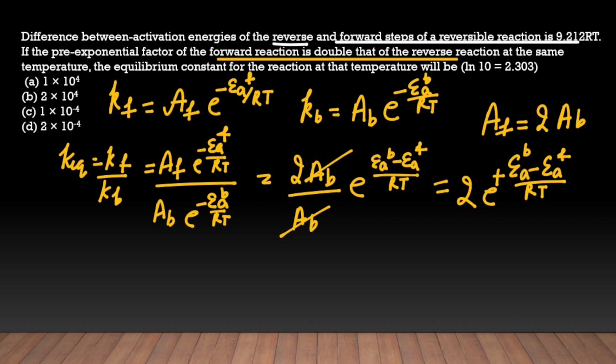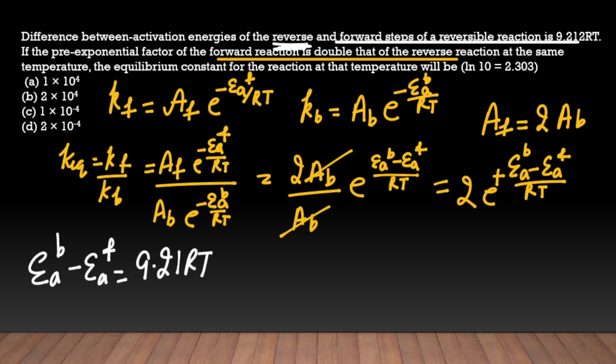Now the given is the difference between the activation energies of the reverse and the forward, which means the activation energy of the backward direction minus that of the forward direction. It is 9.212 RT. Substitute this value. This becomes 2 times E raised to the power of 9.212 RT upon RT. So this RT and RT get cancelled out.